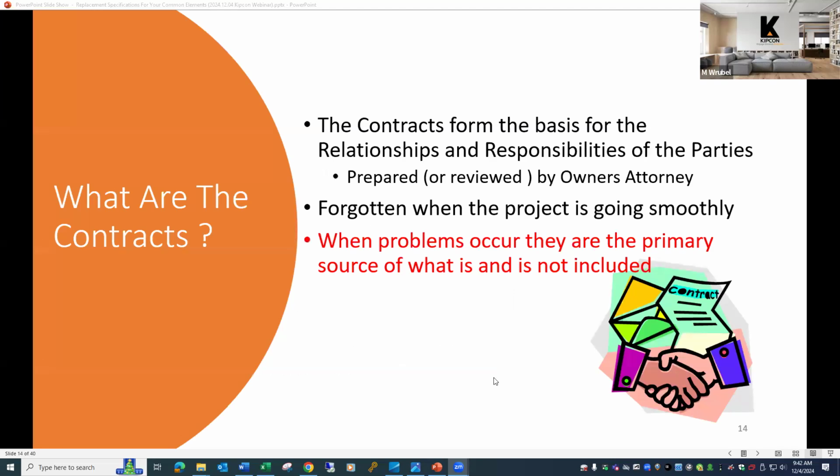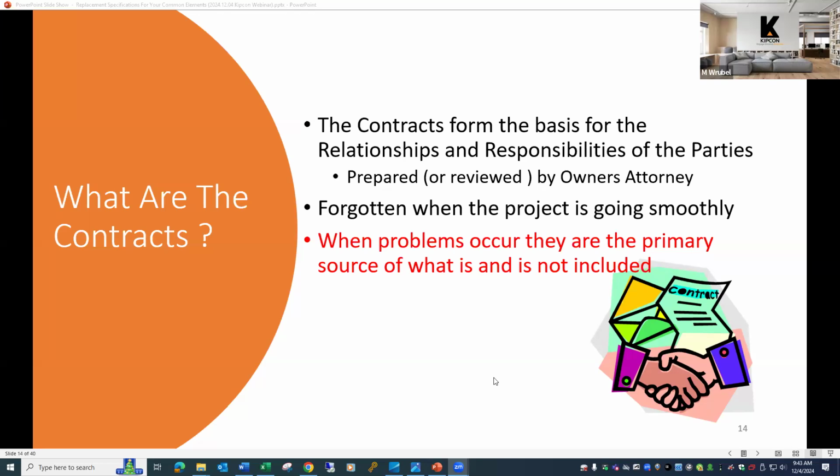So let's talk a little bit about the contracts and why they're important. The more detailed a contract is, the more it defines that relationship. The contract forms the basis for the responsibilities of all the parties involved, and we talked about how that entails the owner, the engineer and the contractor.